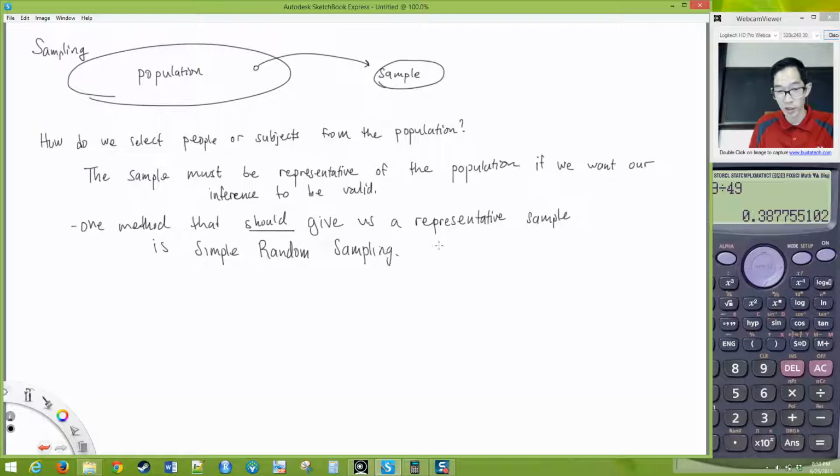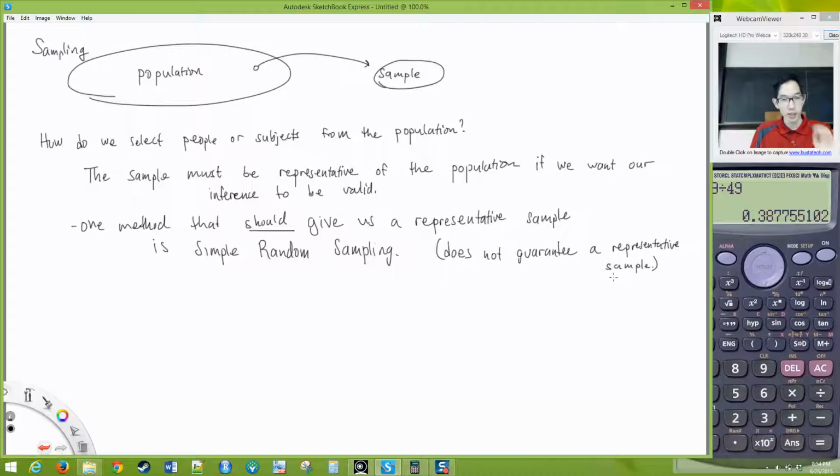Okay, but I will also write does not guarantee a representative sample. But just mathematically, it should give you a representative sample.